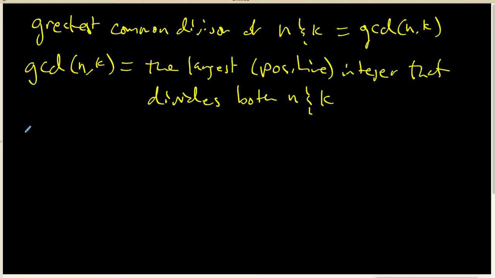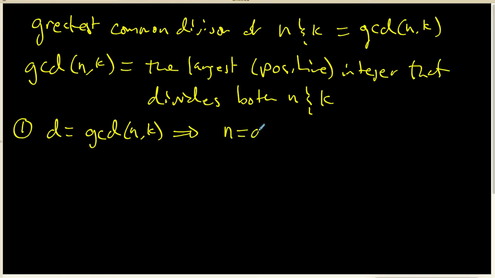There are some things about GCDs that I want to recall. The very first fact about GCDs is that if I let d be the GCD of n and k, that tells me several things. First of all, it tells me n is equal to q1 times d, and k is equal to q2 times d.